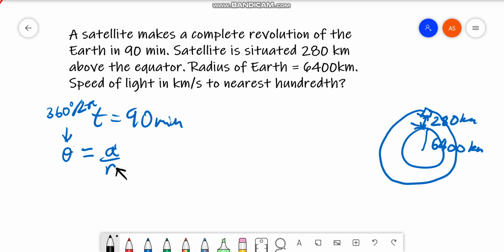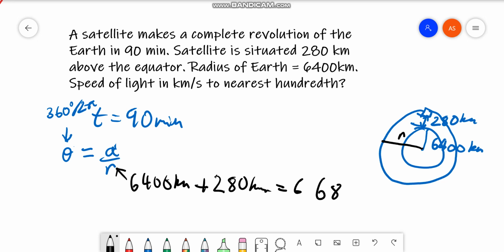For the radius of the whole circle, you have to add the radius of the Earth, 6,400 kilometers, to the height of the satellite, because you want this entire length. This is R, and it is 6,680 kilometers. So now you know R and you know theta.